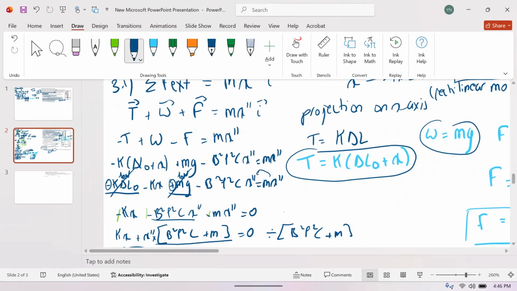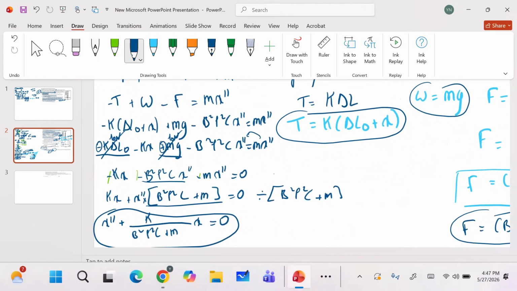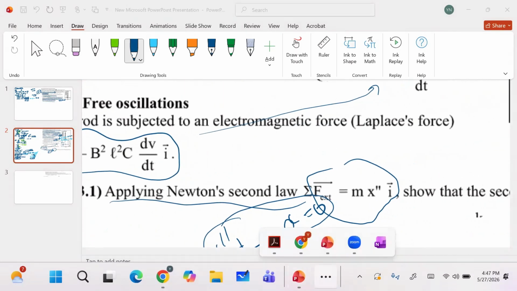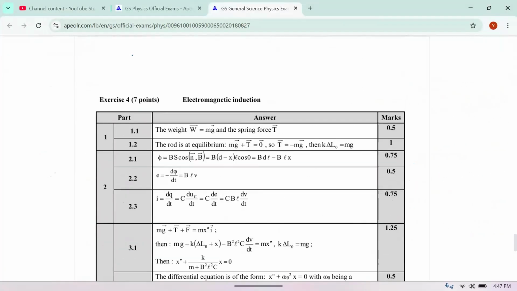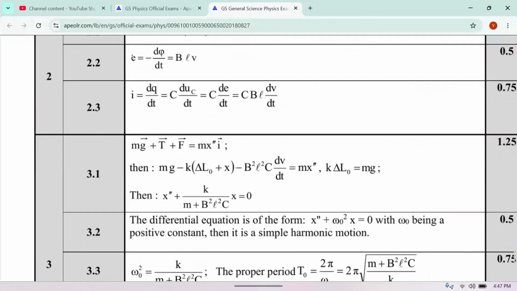The only tricky thing is for you to notice that -kΔL0 and mg can be cancelled out, and the only things that we want are x'' and x, so you have to show that in your calculation. Now, since the question is cut out and I don't know what the expression is, let me just check. There it is. Yep: x'' + k/(m + B²L²c) x = 0.